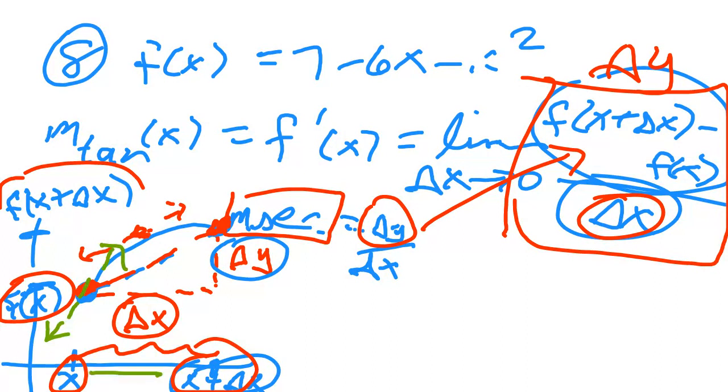So we're going to let this delta x get smaller and smaller, and the secant line slope is going to get closer and closer to the actual tangent line slope. So we let delta x go to 0. I showed it from the right, but we're also doing it from the left, so delta x could be a tiny negative number.